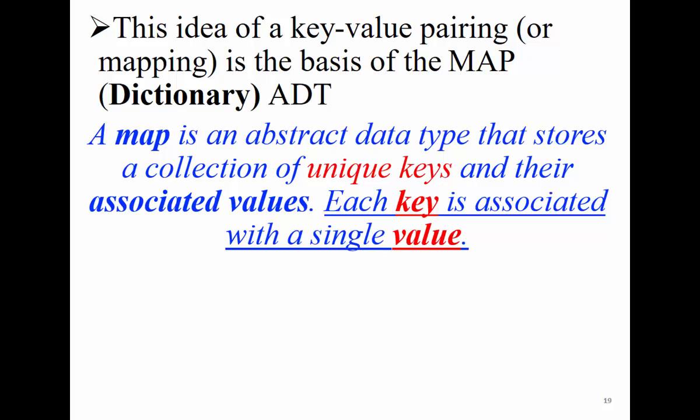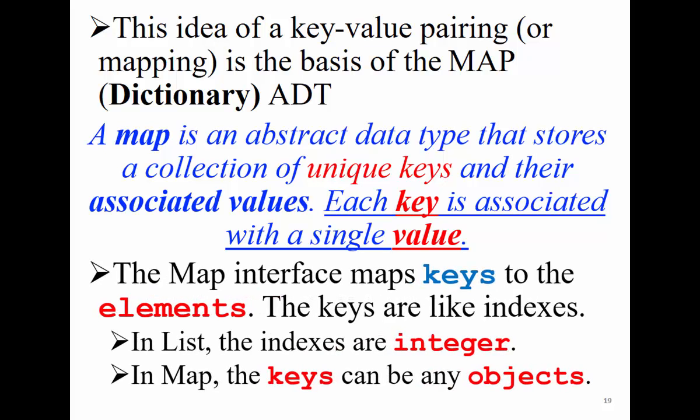So the keys are unique. What is the best data type that provides uniqueness? It is a set. Set will not allow you to insert duplicate items. So it's a collection of unique keys and their associated values. Each key is associated with a single value. You cannot have the same key associated with different values.